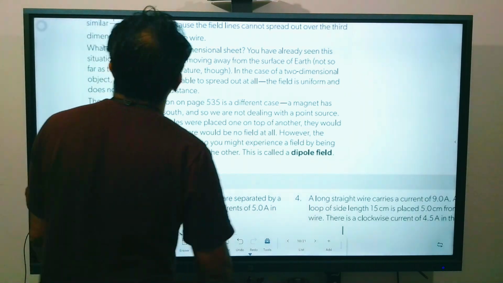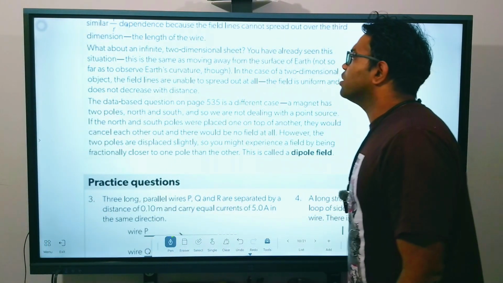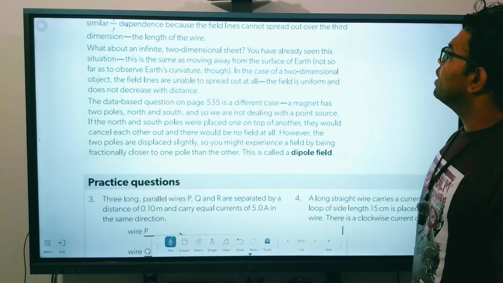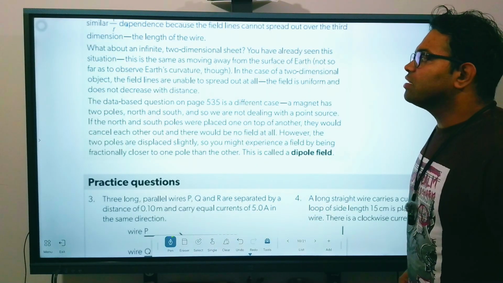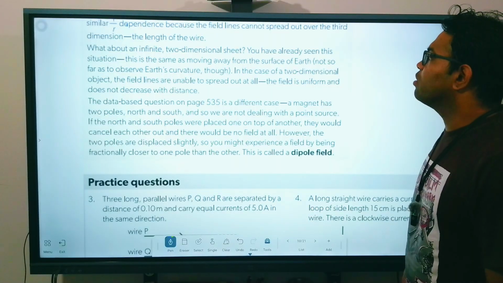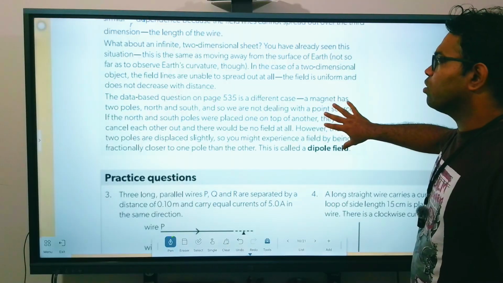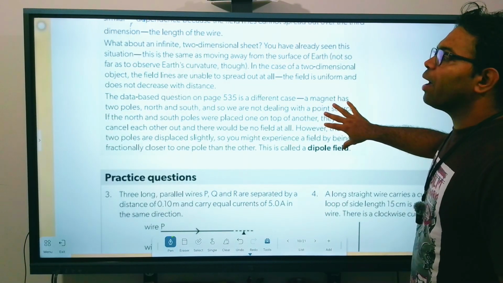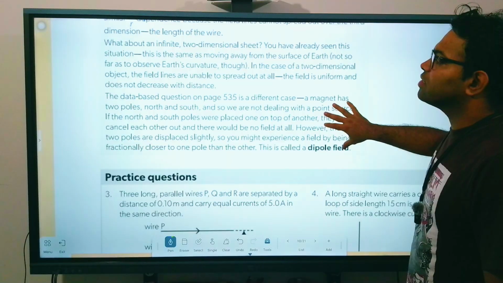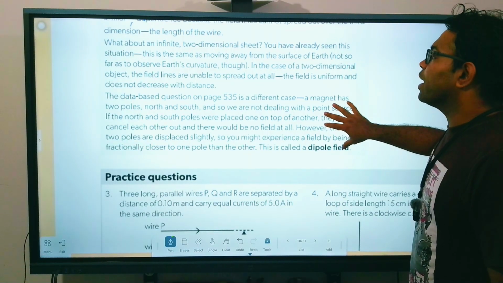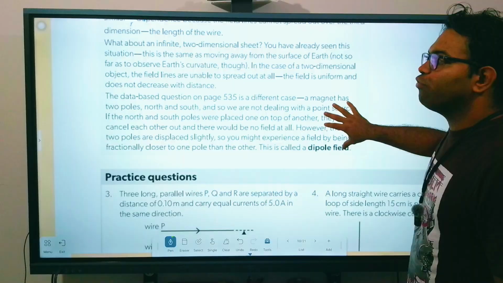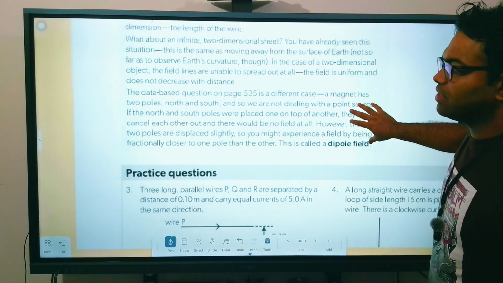Okay, what about an infinite two-dimensional sheet? You have already seen this situation. This is the same as moving away from the surface of the earth, not so far as to observe the earth's curvature though. In this case of the two-dimensional object, the field lines are unable to spread out at all. The field is uniform and does not decrease with distance.